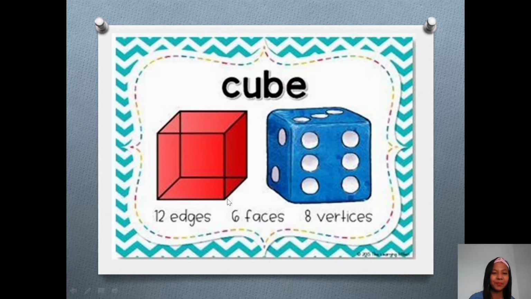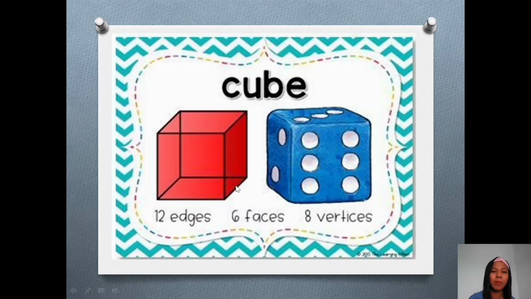This cube has 12 edges, from here to here. 1, 2, 3, 4, 5, 6, 7, 8, 9, 10, 11, 12. So we have 12 edges for the cube.